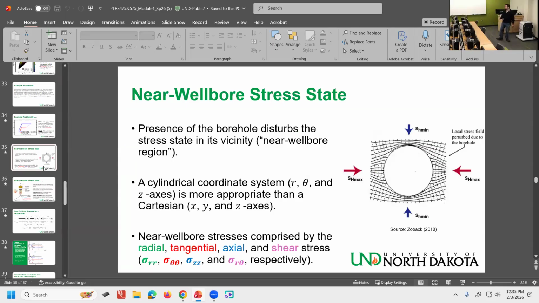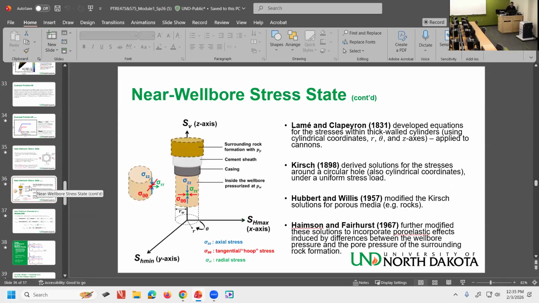You have a different set of stresses in cylindrical coordinates. They are called the near wellbore stresses, and those are affected both by the far field stresses, SV, SH max, SH min, but also by things that go on inside the wellbore. And we talked about the long history of people trying to derive equations, even today, for different models about those.